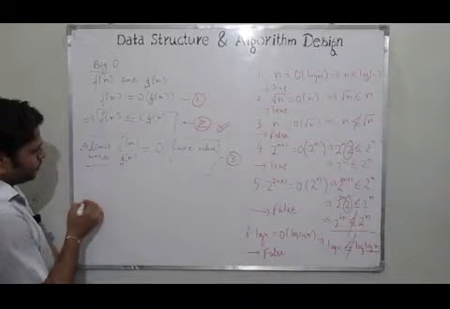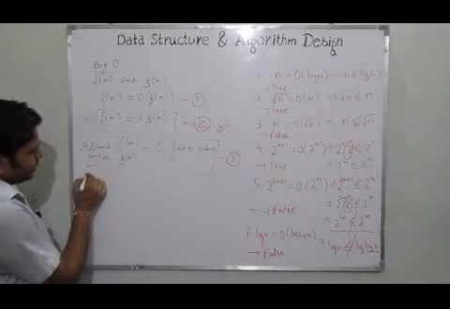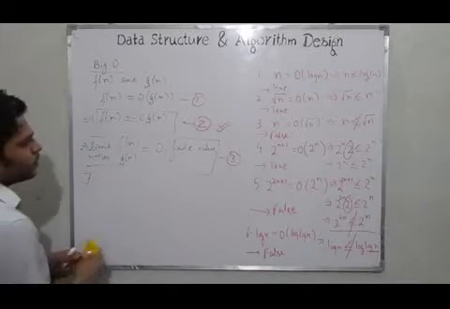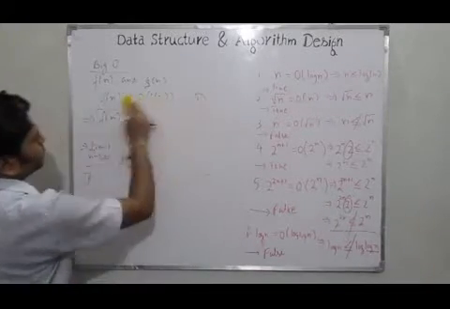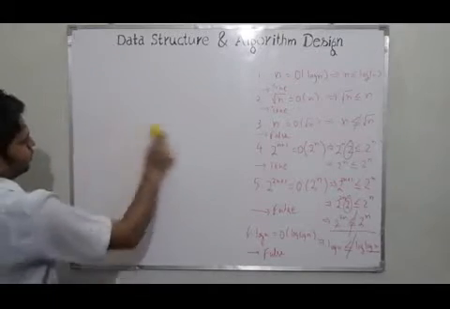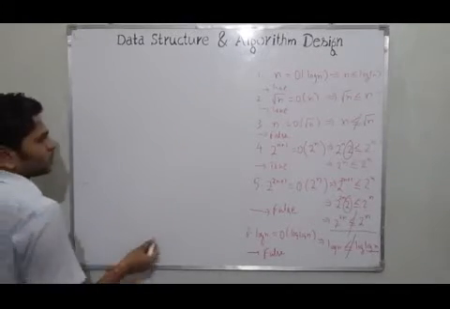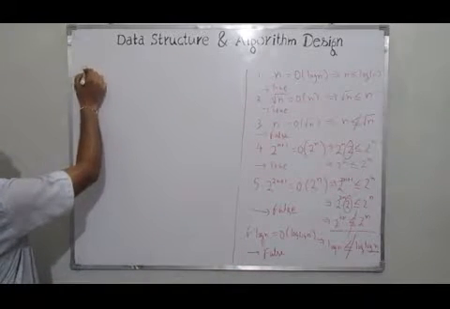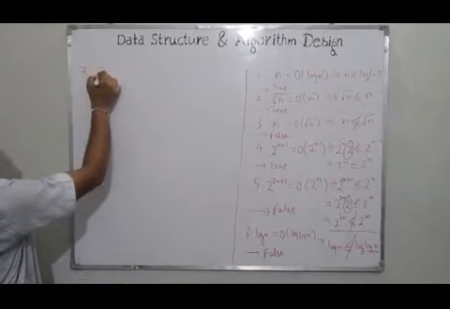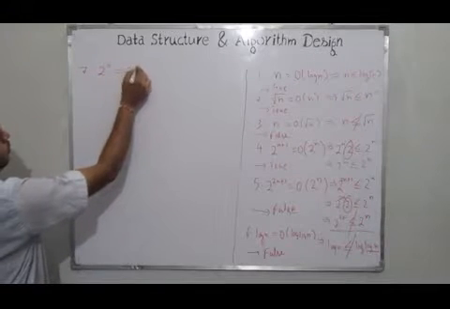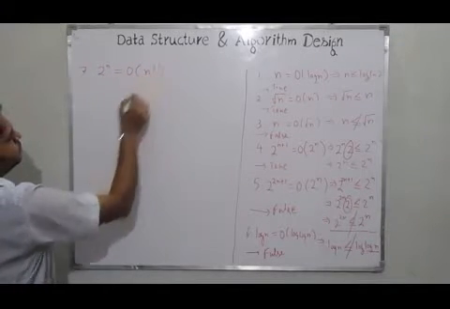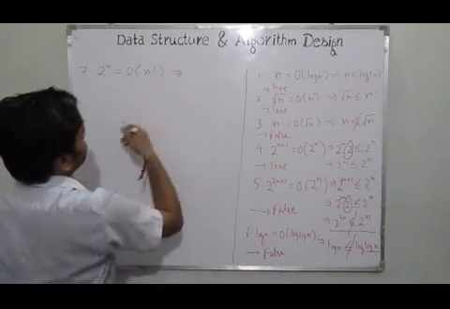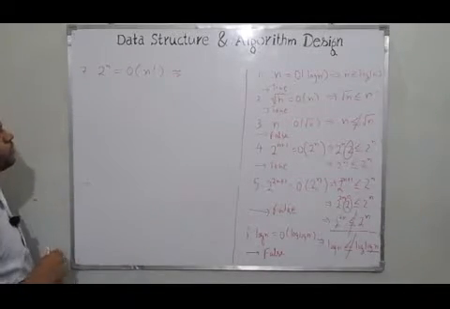Suppose we are given a problem like 2 raised to power n is order of n factorial. In order to solve this problem, let us substitute some values.